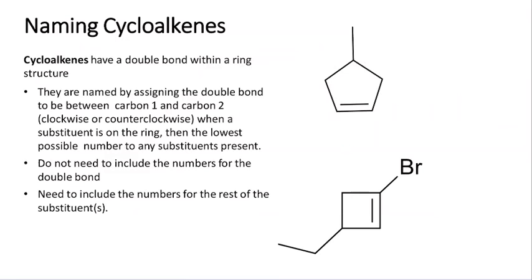So you have to make sure that the 2 carbons in the carbon-carbon double bond get number 1 and number 2 position. Then you're going to number the ring clockwise or counterclockwise to give the substituents the lowest possible number. And then, as we have done before, the last word is going to be the name of my cyclic alkene. As a prefix of that, I need to give the location and the name of the substituent. So even if you have one substituent in a cyclic alkene, you have to tell me where it is.